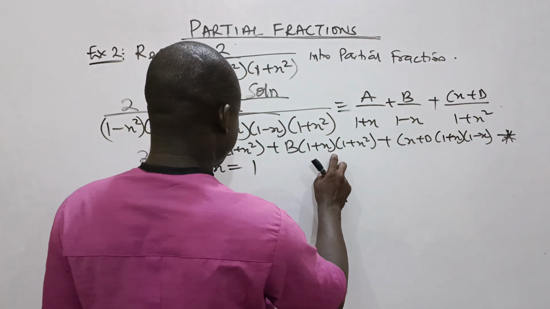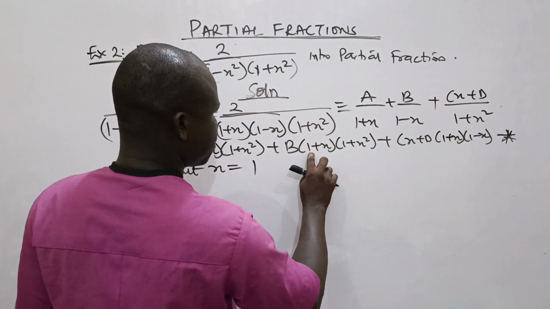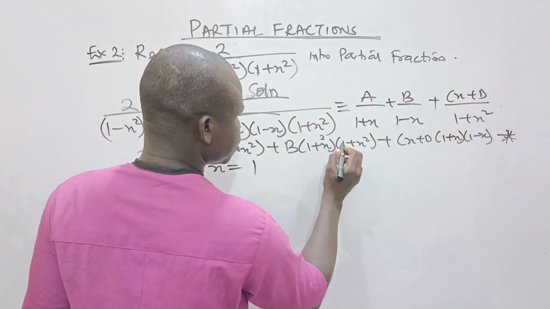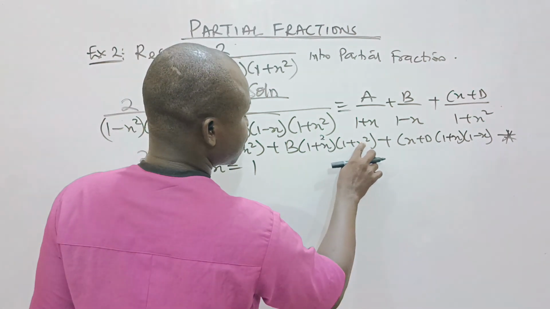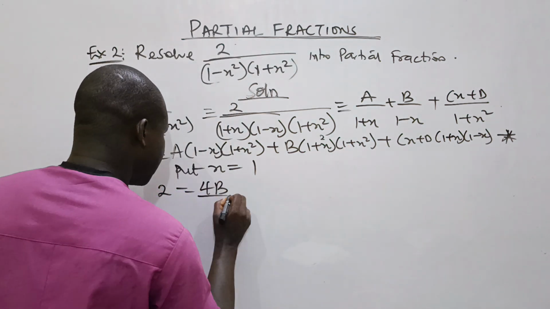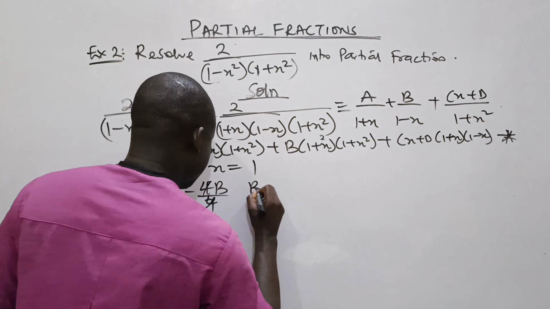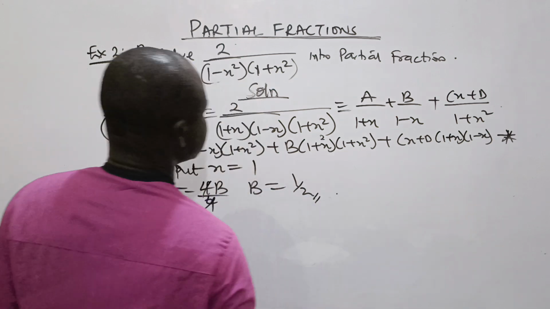I will only have value for this place. So I'm going to have 2 to be equal to 1 plus 1, that is 2. Then here, I will have 1 squared is 1, 1 plus 1, 2, that will be 4B. If I divide both sides by 4, B is equal to 1 all over 2. I've got the value of B.